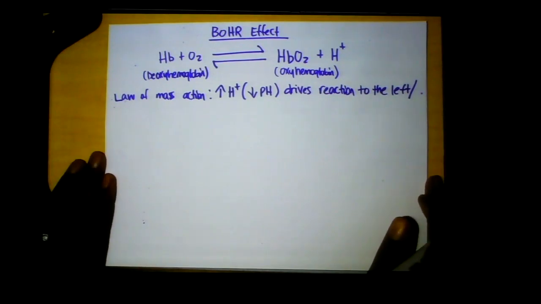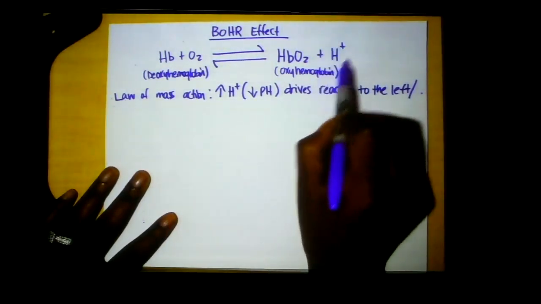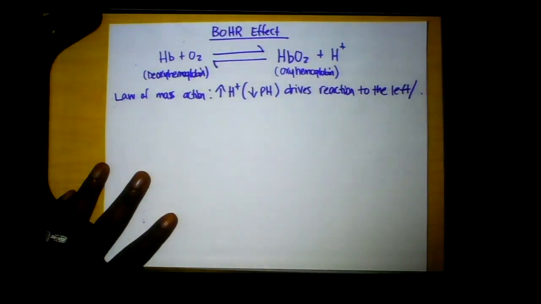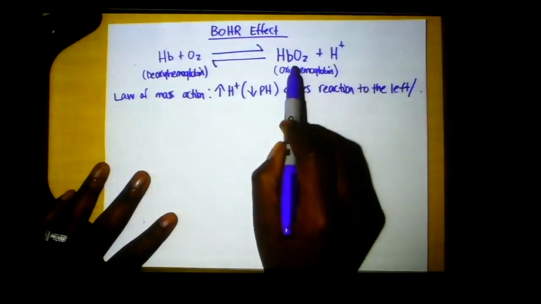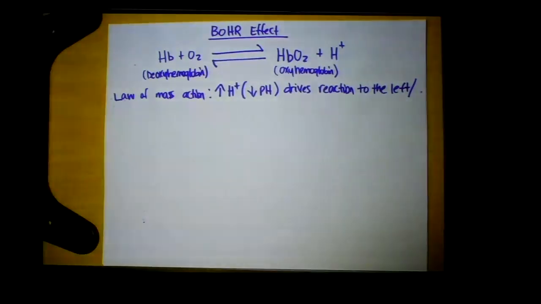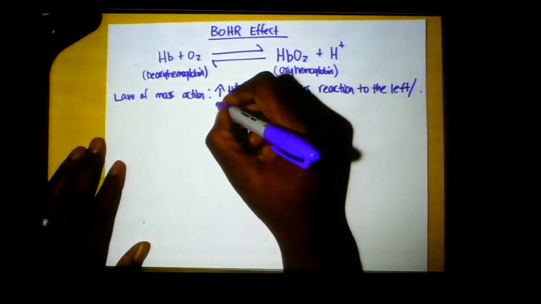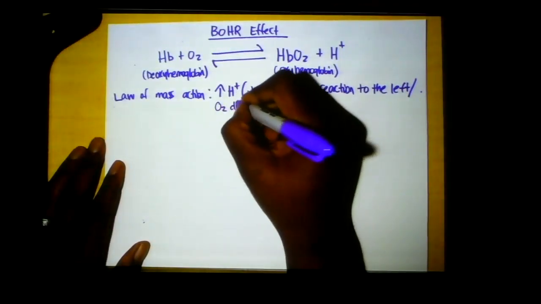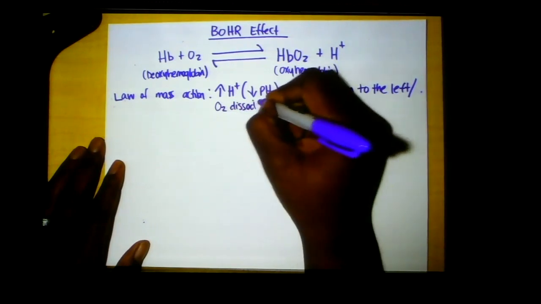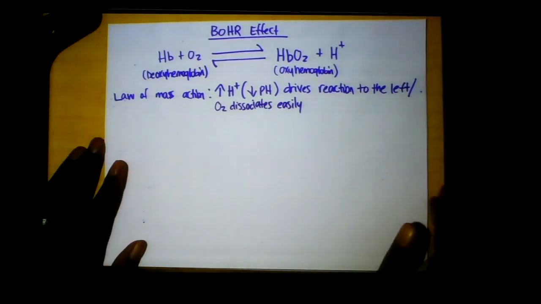And another way that we can think about this is that if we've got more acid or more protons, then oxygen is going to dissociate from hemoglobin more readily, right? As we drive this reaction to the left, oxygen kicks off of that hemoglobin and we end up with deoxyhemoglobin, right? So oxygen dissociates easily, okay?